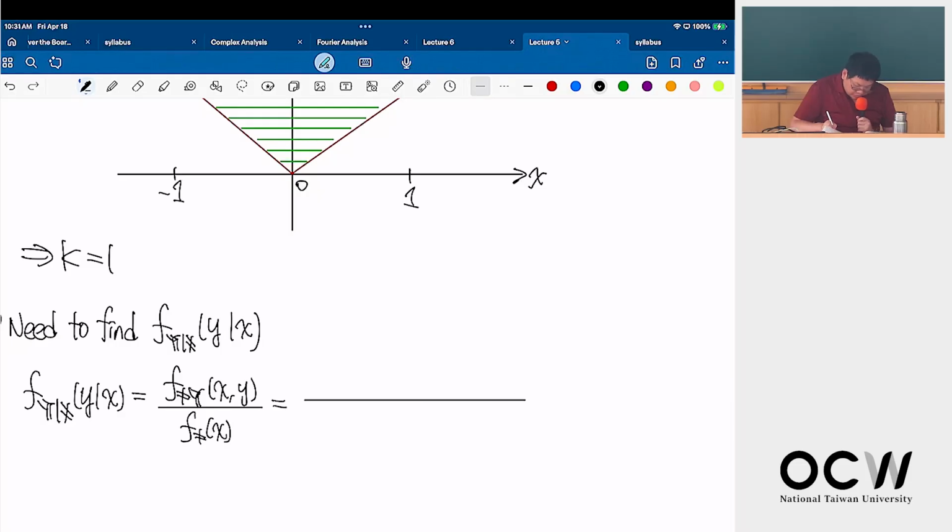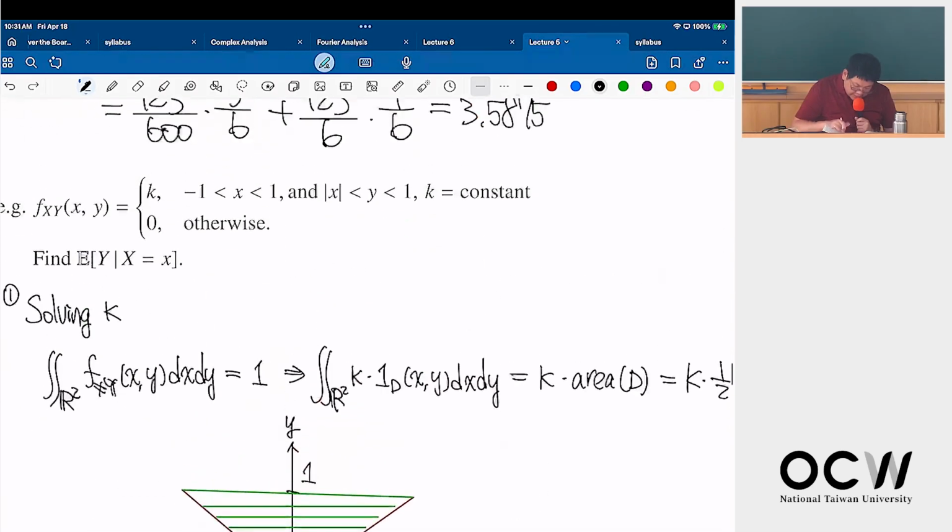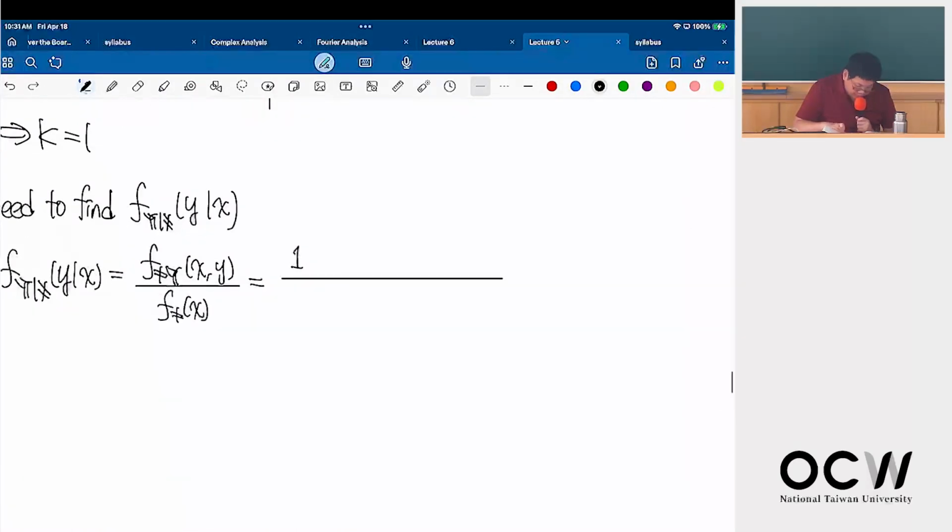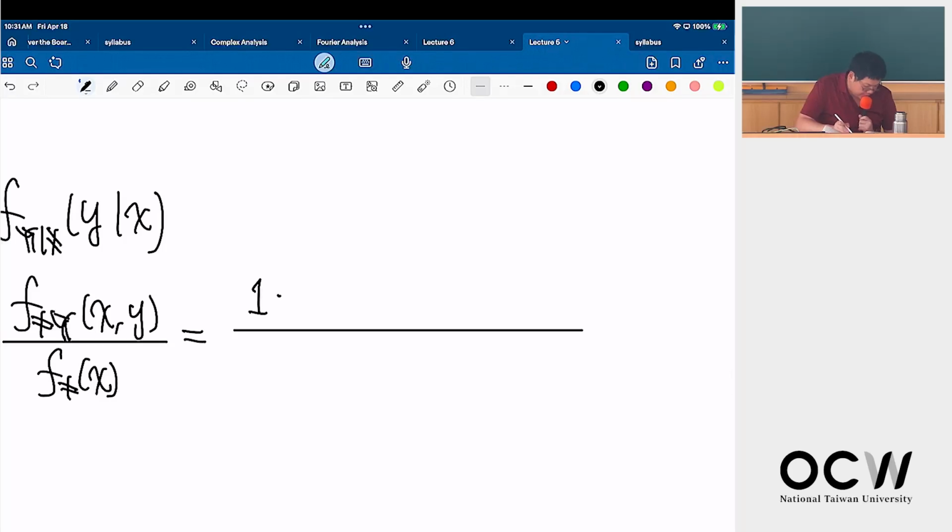So the joint PDF of xy is k times the region. Here the region we can write as the indicator function 1, where x is from -1 to 1, and y is from square root of absolute value of x to 1.